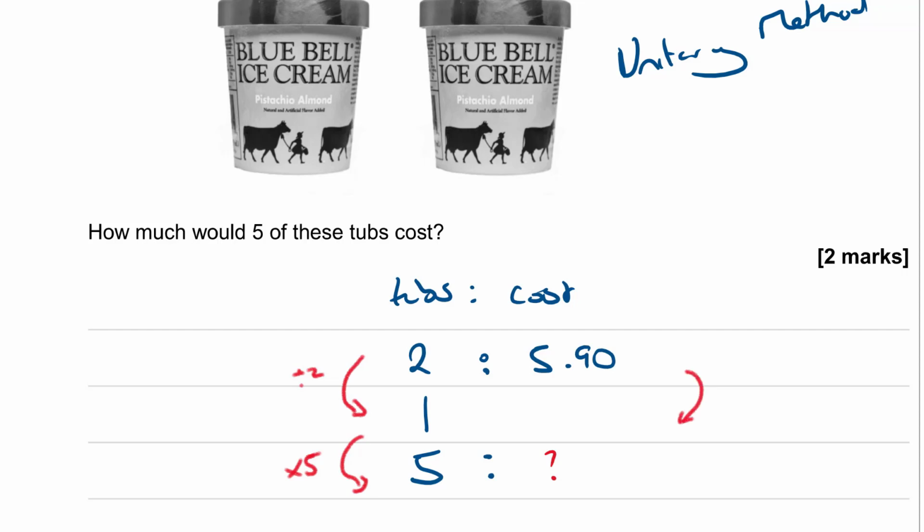Doing the same on this side, £5.90 divided by 2 gives me £2.95. Then multiplying that by 5, the same as what I did on the other side, gives me £14.75. So that's the cost of 5 tubs. My final answer is £14.75.